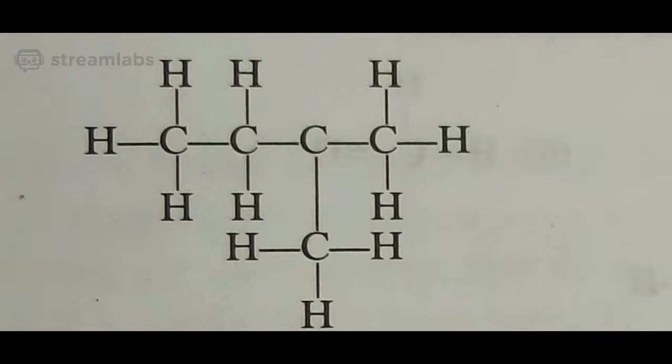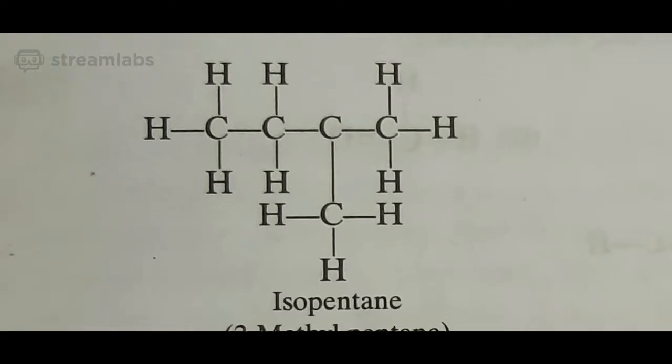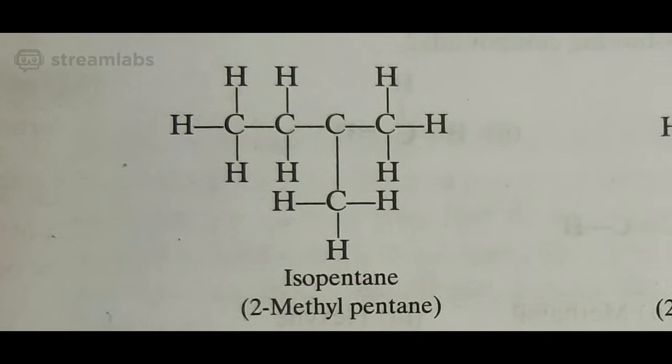So this is called isopentane. Why is it called isopentane? Always the second carbon undergoes branching. Iso in the sense the second carbon undergoes branching. Whenever you see the branching at the second carbon, it should be represented as iso.